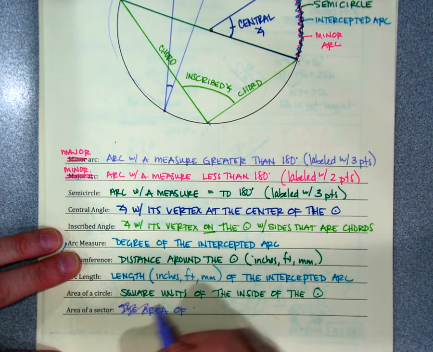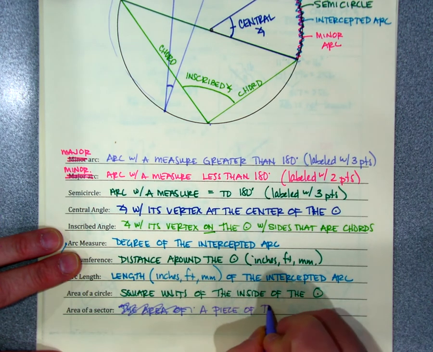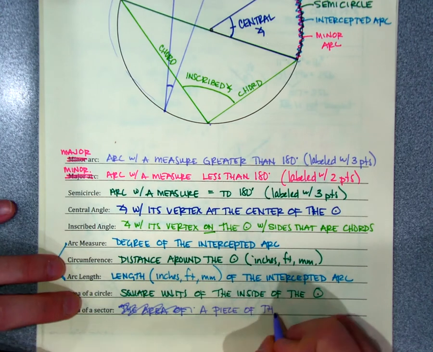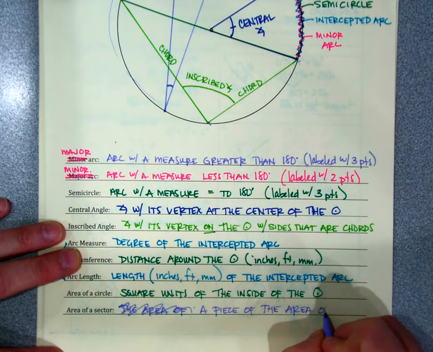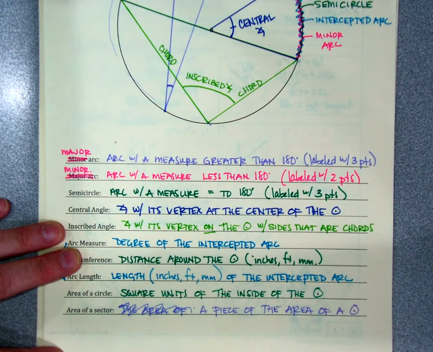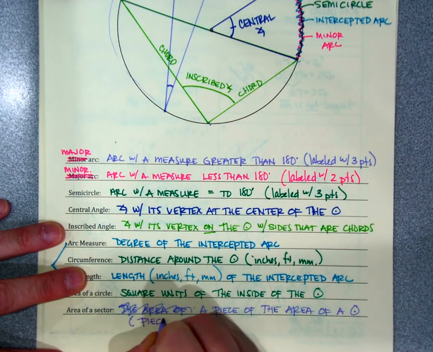Actually, I'm going to change this to, it's a piece of the area of a circle. I'm going to put here a piece of pizza.